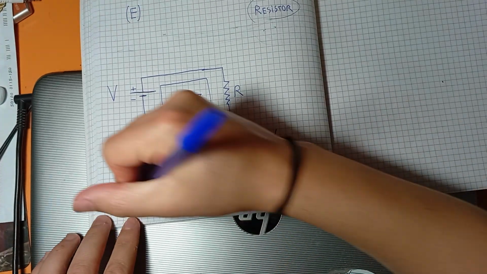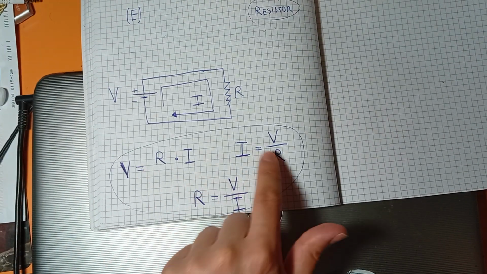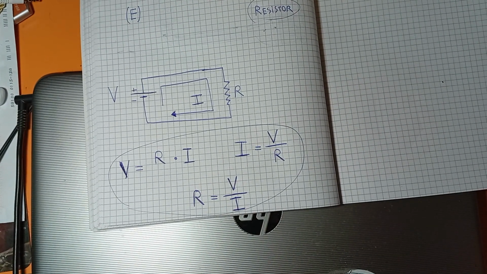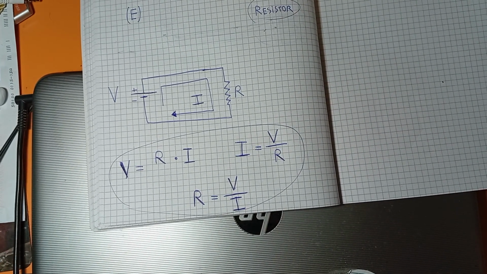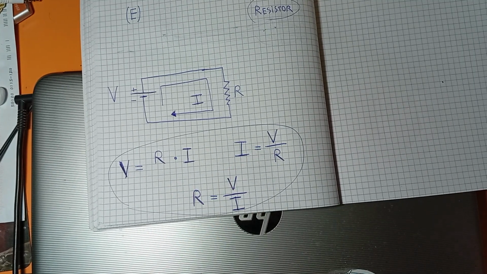Okay, by current. These are the 3 possible ways to write the first Ohm law, or maybe to use the first Ohm law. You could use it in these 3 possible ways.